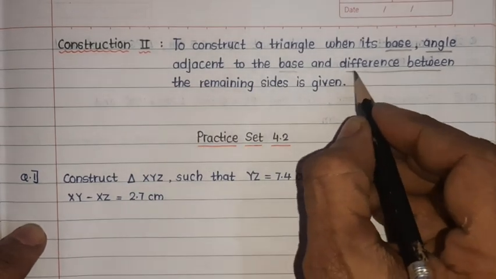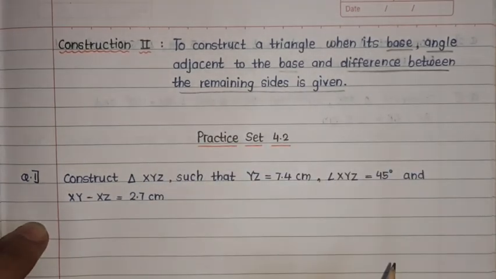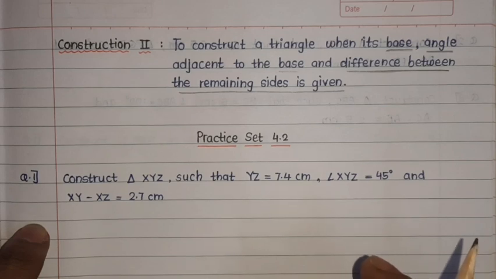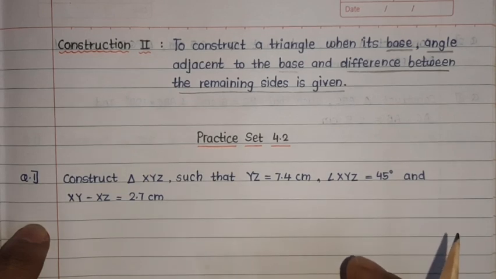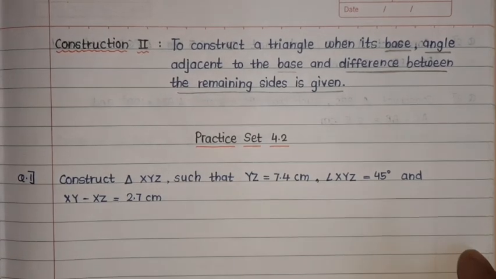But in this case, the difference between the remaining sides is given. Dear student, as I have explained just now, in this case there are two types. One, when the side opposite to the given angle is the greater one, and second type, when the side opposite to the given angle is less than that of the other side. Therefore, dear student, I will explain in short how to construct.